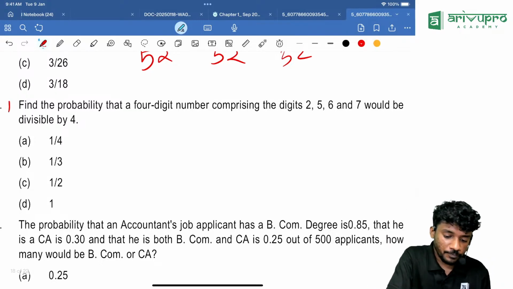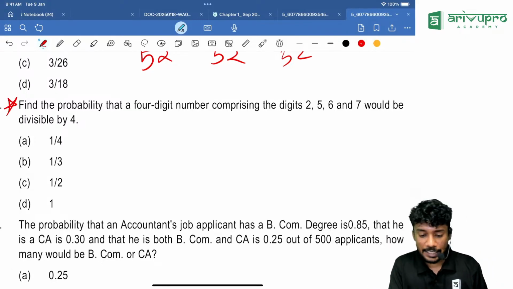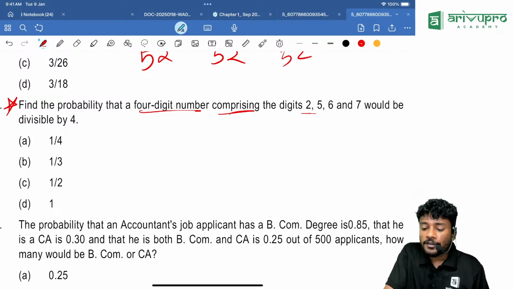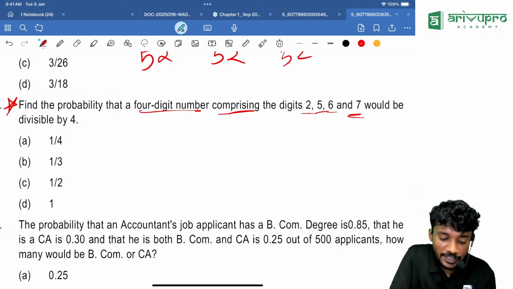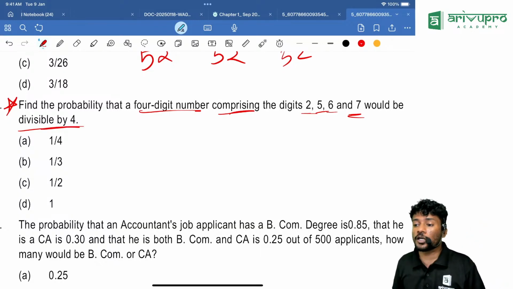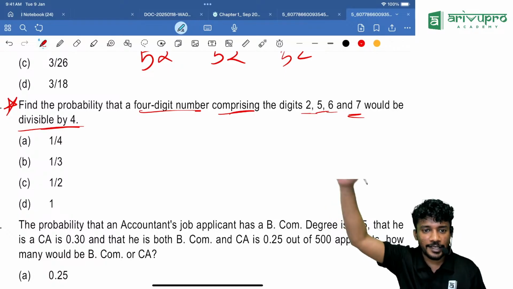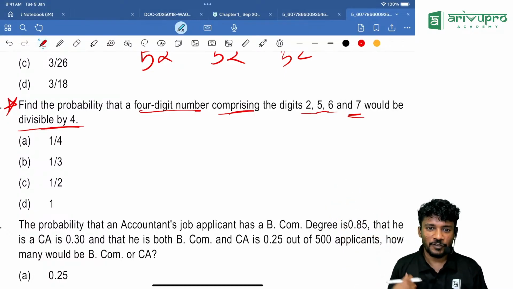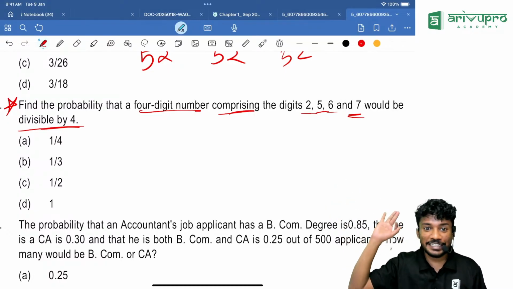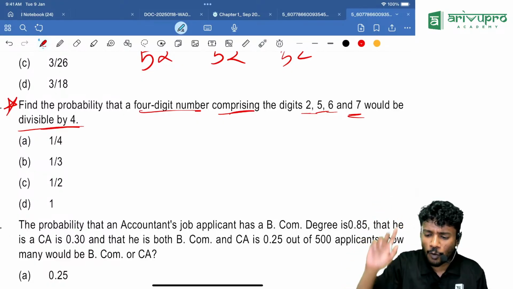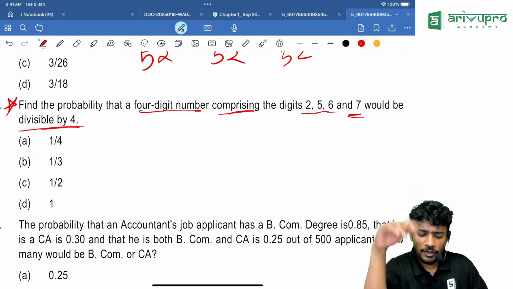Good question. Find the probability that a 4-digit number comprising the digits 2, 5, 6 and 7 would be divisible by 4. You have never discussed a question like this. We were discussing 3. We were discussing 5. We never discussed 4. How will it be divisible by 4?